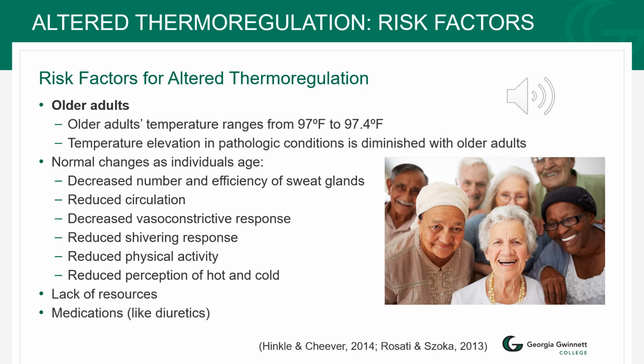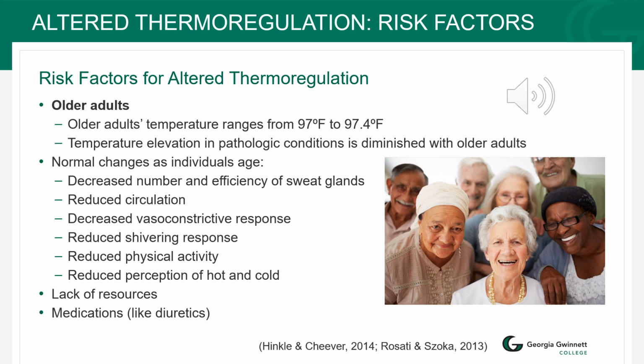Normal changes as individuals age also put them at higher risk for altered thermoregulation. They have fewer sweat glands, and the sweat glands are not as efficient. They have reduced circulation, and their vasoconstrictive response is decreased. They have reduced shivering response, reduced physical activity, and reduced perception of hot and cold.